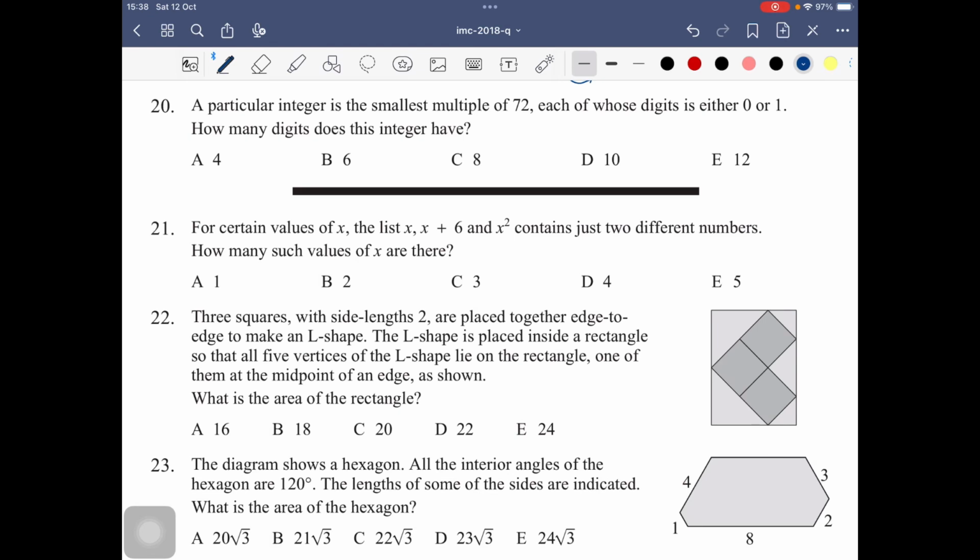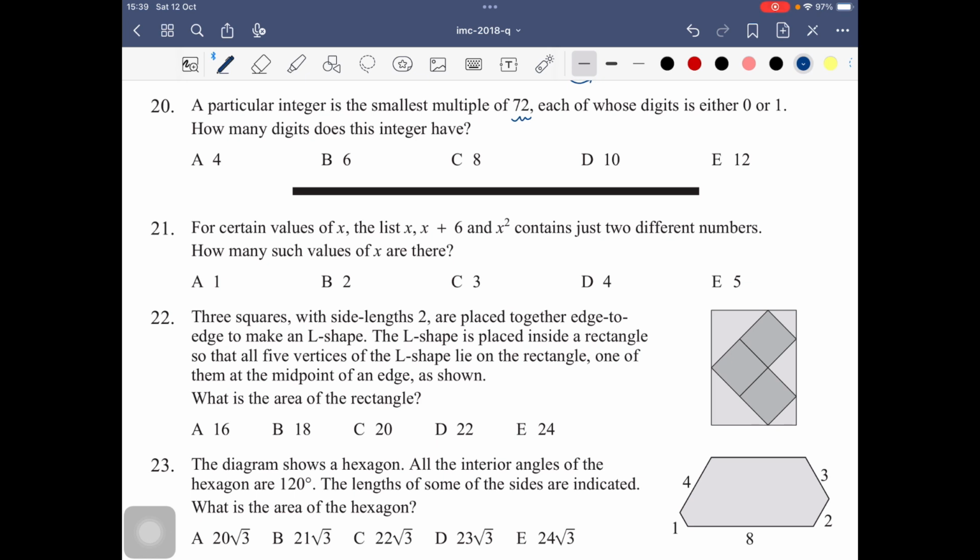Number 20: a particular integer is the smallest multiple of 73, all of whose digits are either 0 or 1. How many digits does this integer have? Okay, so 0 or 1, which means we need to use prime factoring.